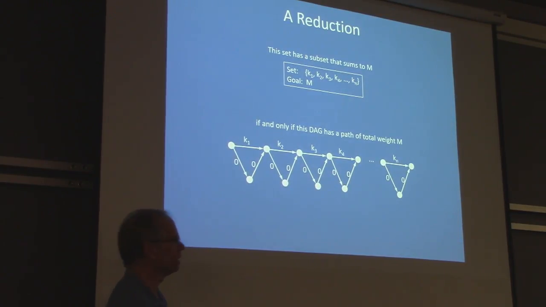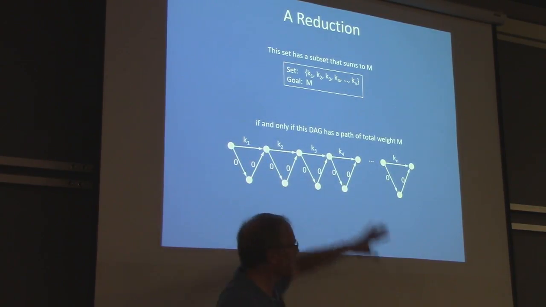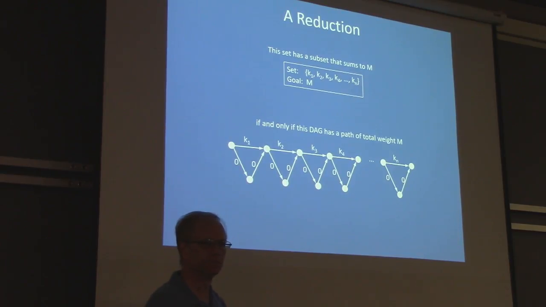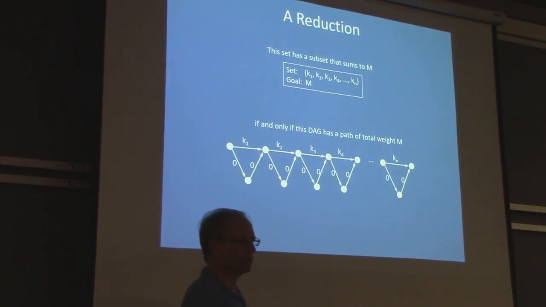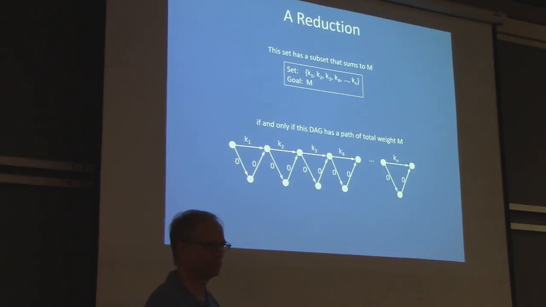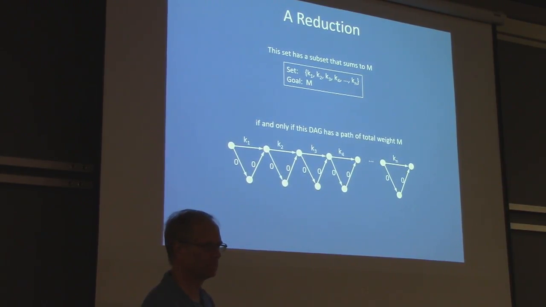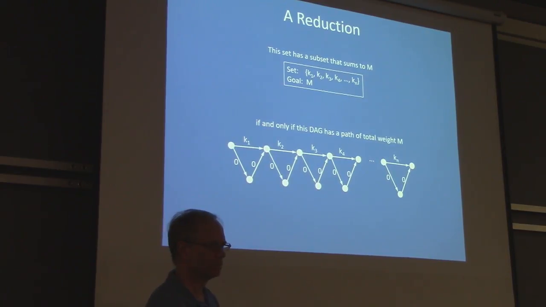Now, is that a polynomial time reduction? How long would it take to take that set and produce this DAG? It'd just be time proportional to the length of the set, because for every element up there, we're creating one of these triangles. So that's not bad. But do we have a way to solve that DAG in polynomial time?